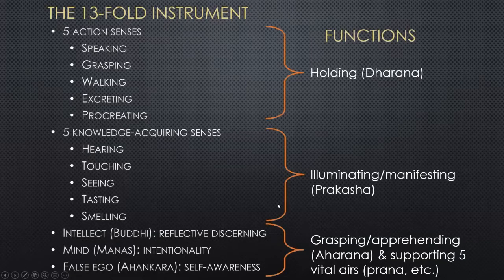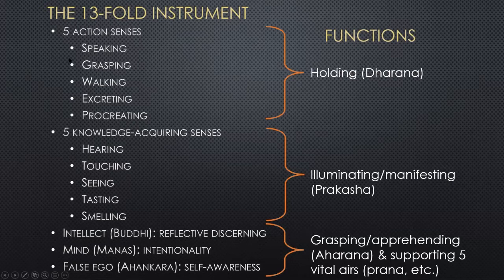And we can further say that the functions of these three combined. Well, let's look at the complete function of each one of these. The five knowledge-acquiring senses are said to be illuminating or manifesting. Again, we're looking at how we perceive things. So hearing, touching, seeing, tasting, smelling, they illuminate an object. They manifest the object, prakasha.